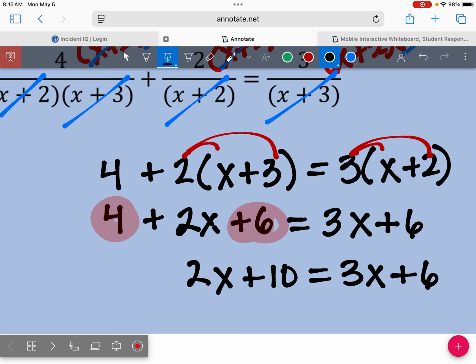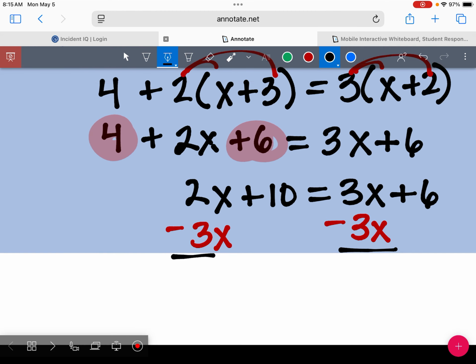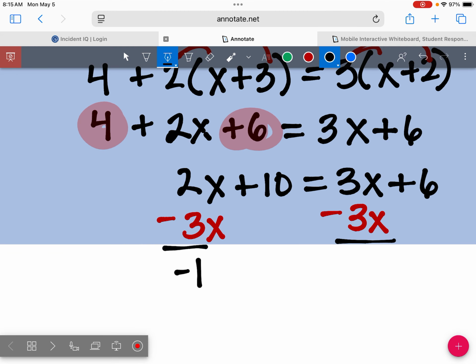Now what are we going to do? We got two options. We could subtract the 3x or subtract the 2x. I think I'm going to subtract the 3x just to bring everything to the left. All the x's, to the left. So that'll give you a negative 1x plus 10 equals 6.